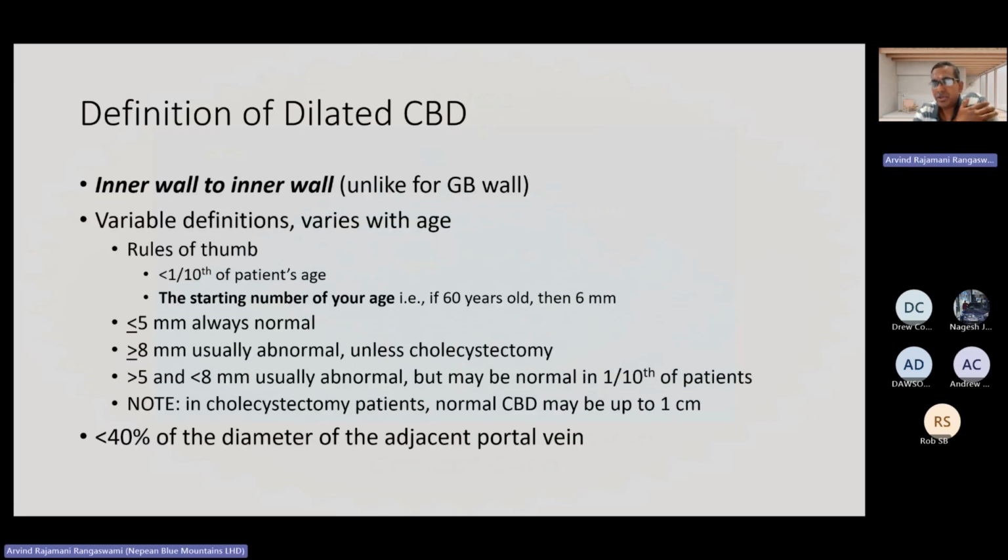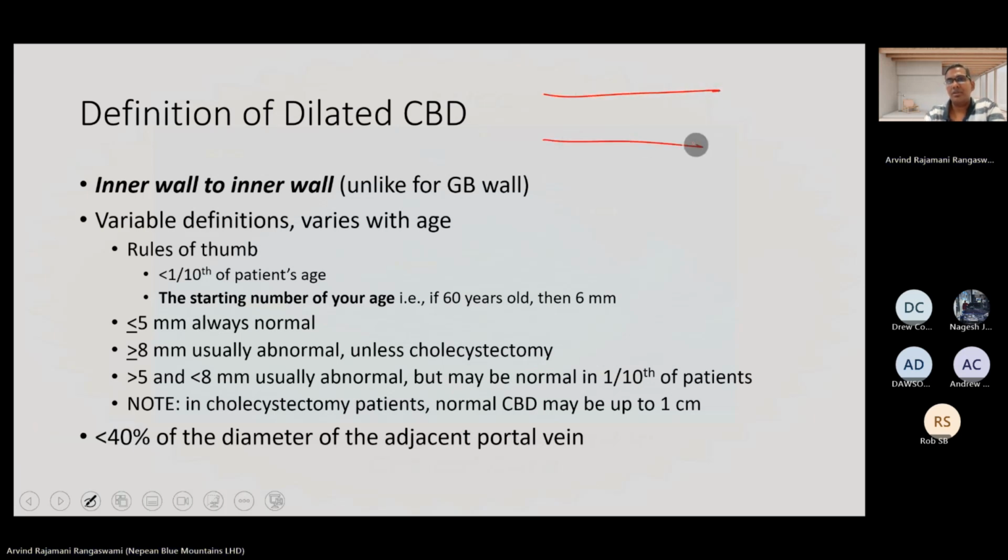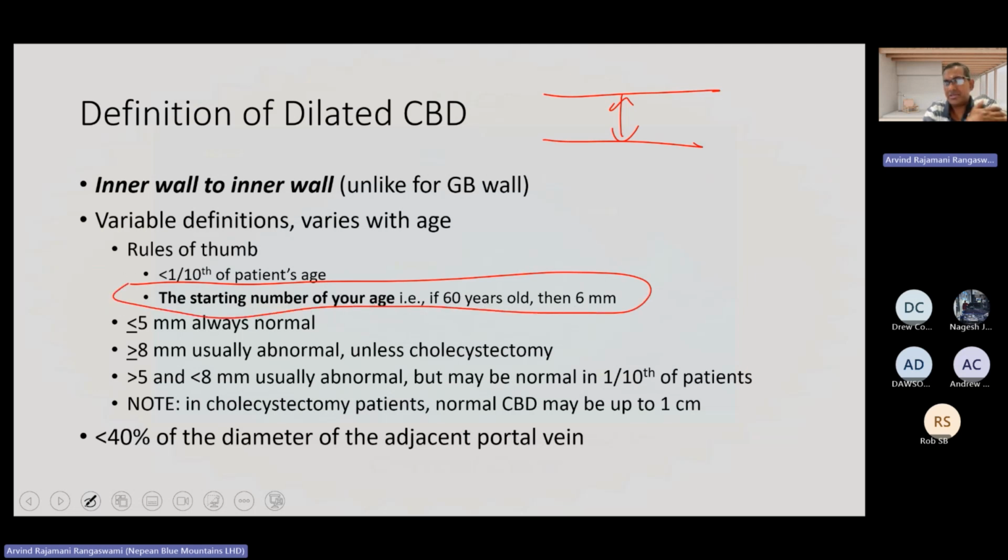What is the definition of a dilated CBD? Unlike the gallbladder wall, for the CBD, we do inner dimension to inner dimension. Okay, so you measure here. Number two, a very simple thing is that it must be the starting number of the patient's age. That's all, right? One tenth of the patient's age, or the starting number of the patient's age.